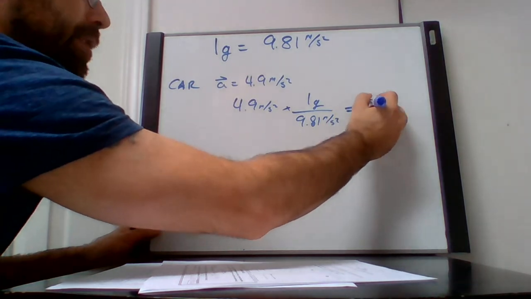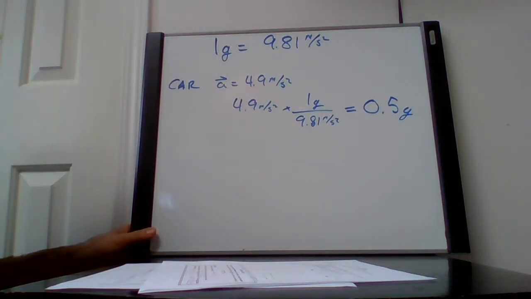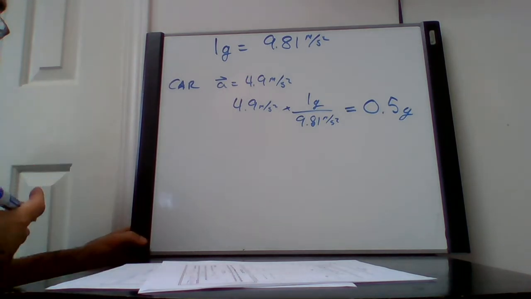This gives us approximately 0.5 g's. So if you're in a car that's accelerating at 4.9 meters per second squared, you would feel 0.5 g of force.